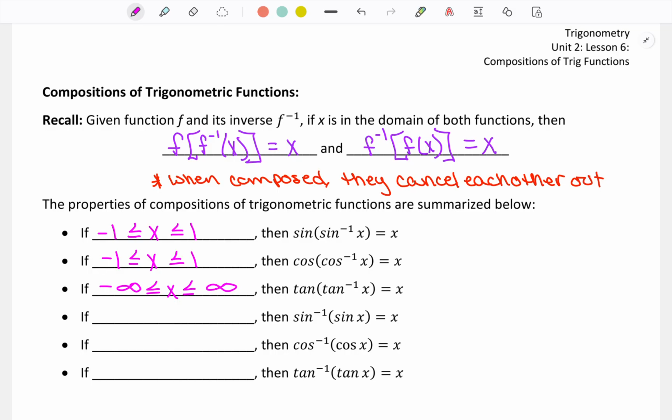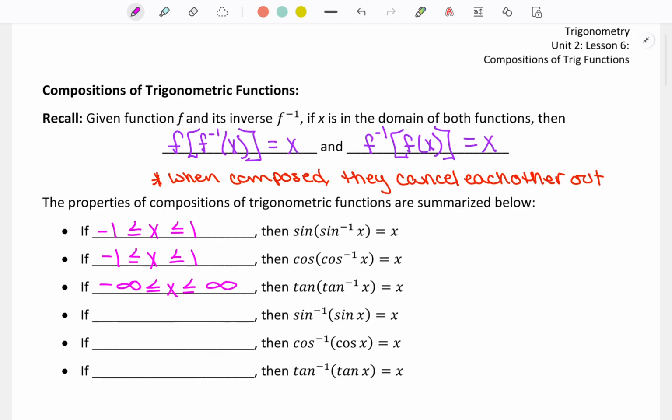Now if we switch those things around, then we have to look at x in a different way. If negative pi over 2 is less than or equal to x, which is less than or equal to pi over 2, then the arcsine of the sine of x will equal x.